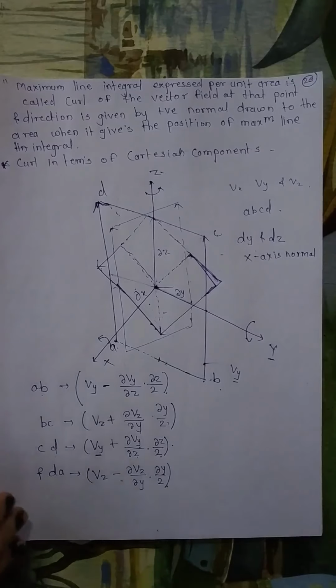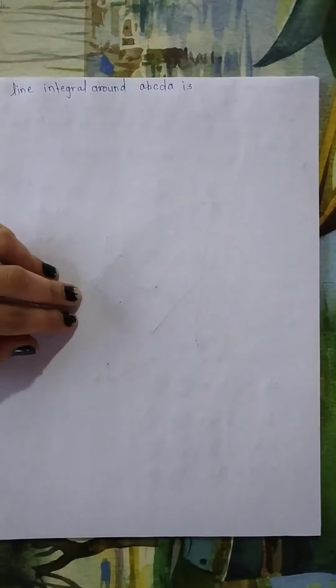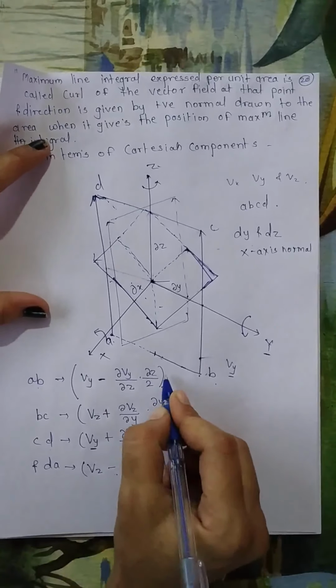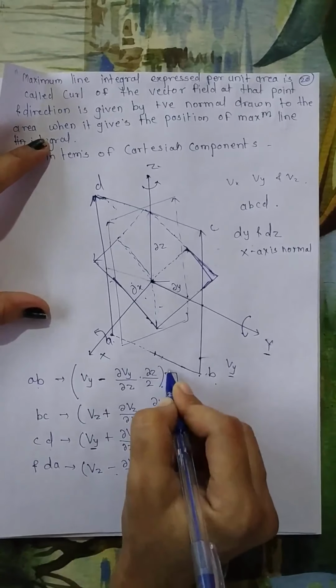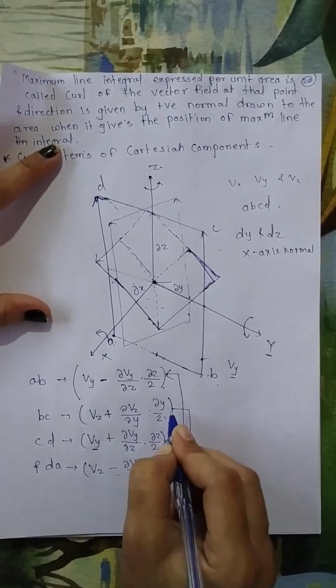Now the line integral around the rectangle ABCDA is given by, as we discussed in the previous lecture, along the y-axis the net flux is given by the subtraction of these two, and along z it is the subtraction of these two.